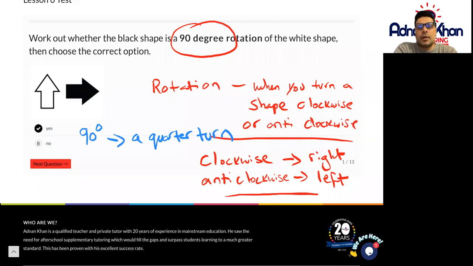So for example, at the moment we've got an arrow pointing up, and if we were to turn it 90 degrees, which is a quarter turn, it will be facing to the right. So it's like this, for example, if you have an angle, this is a quarter turn because you can actually put the square there in the bottom left, which means that it's exactly a quarter turn. So that is a quarter turn, all right?